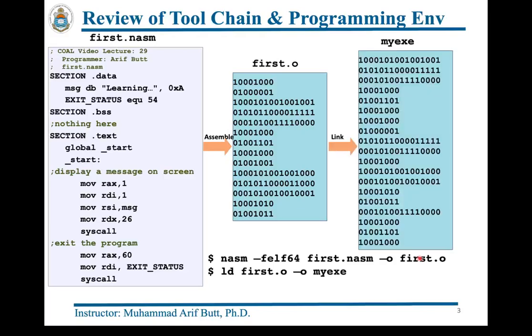Then we use the GNU linker ld to link this first.o file with the standard C library and generate the final executable named myexe. And finally, on the Debian based operating system Kali Linux, we loaded and executed this program.